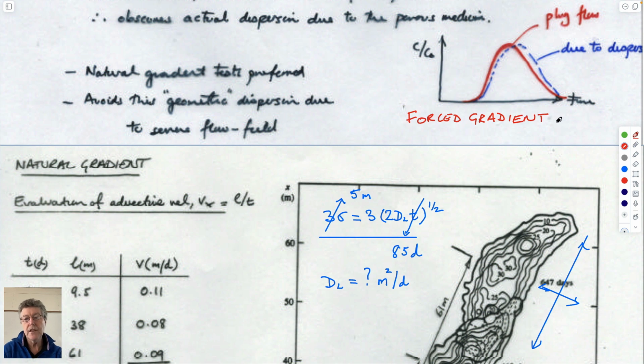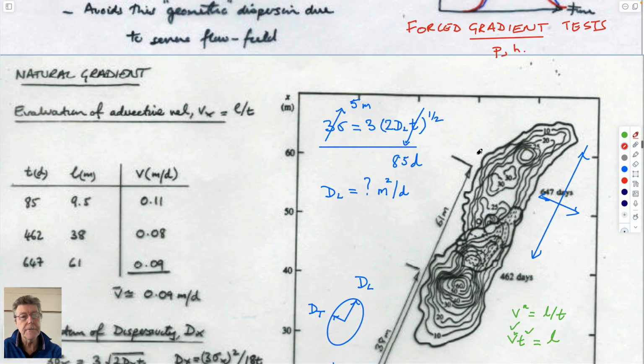In other words, we're making the water go through at some rate, and we're driving it by the pressure gradient that we're putting on it. So these refer really to the pressure gradient or the head gradient, not the concentration gradient. This is driving flow at some artificially elevated velocity.